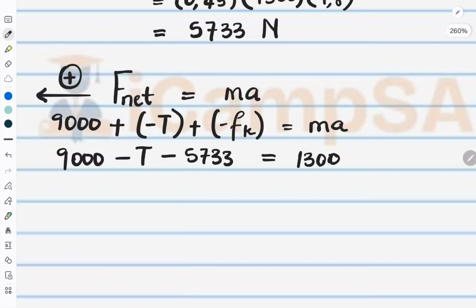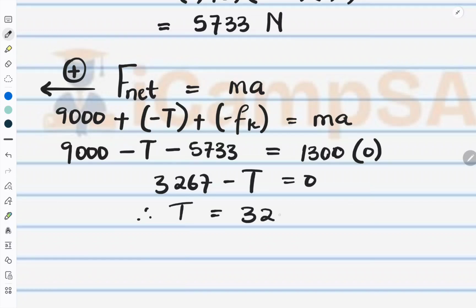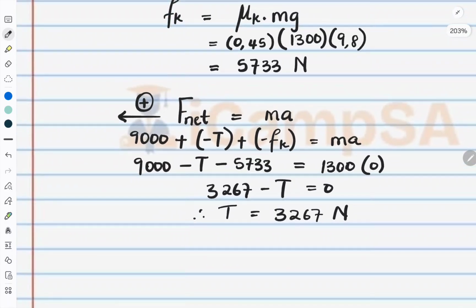We were told that this thing moves at a constant velocity, so acceleration is simply 0. So from here onwards, we'll say 9,000 minus 5,733 gives us 3,267 minus T is equal to 0. Therefore, T is 3,267 newtons.